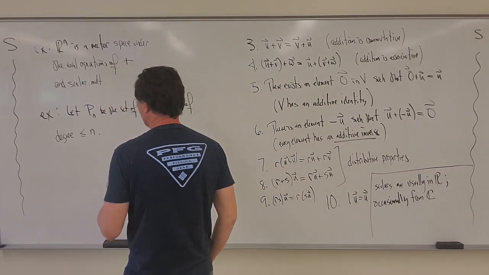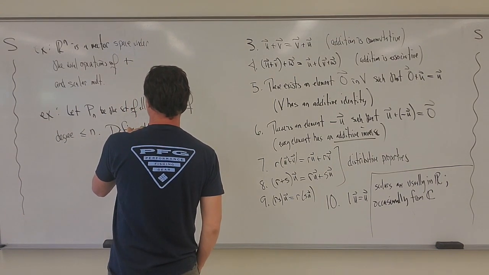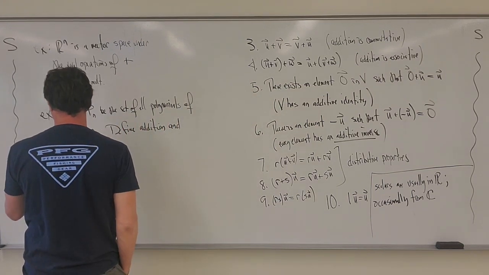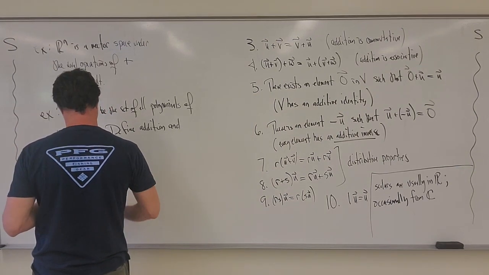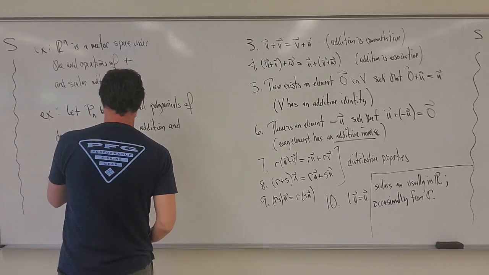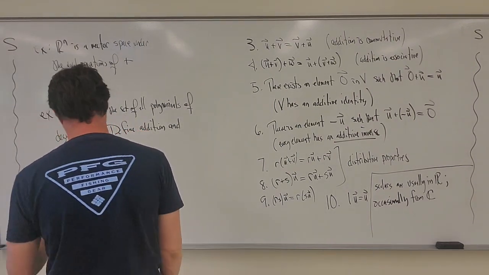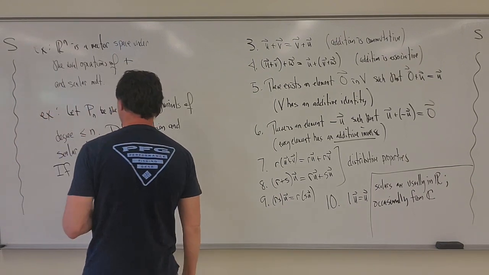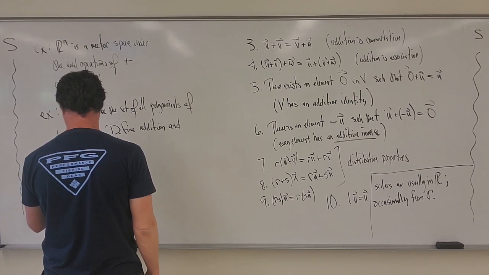Now I need to define, so we're going to define addition and scalar multiplication as usual. Right? And now, what does that mean? I just want to get familiar with writing this out. So let's see, we're going to have a couple of polynomials. So let's say we have p of x.